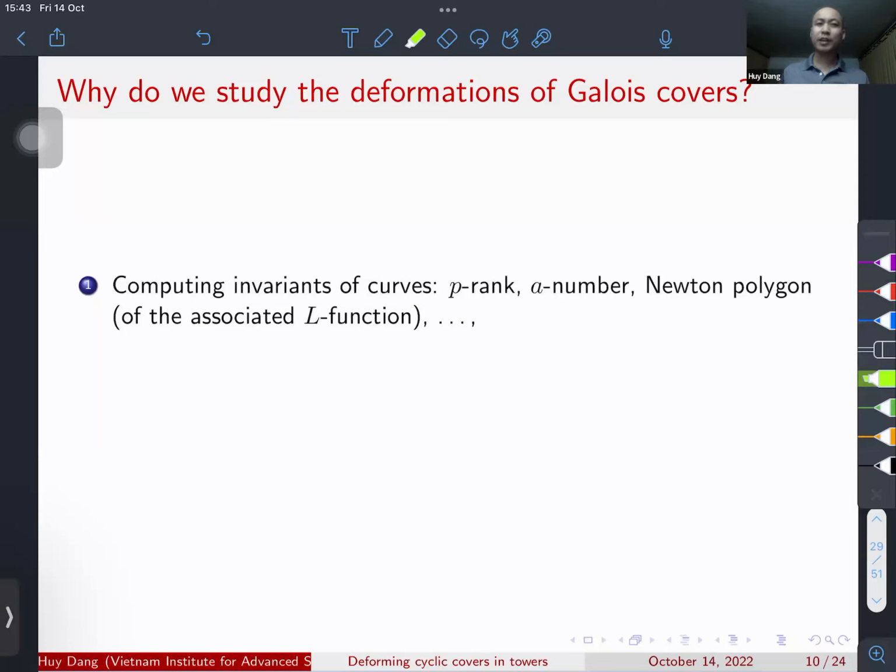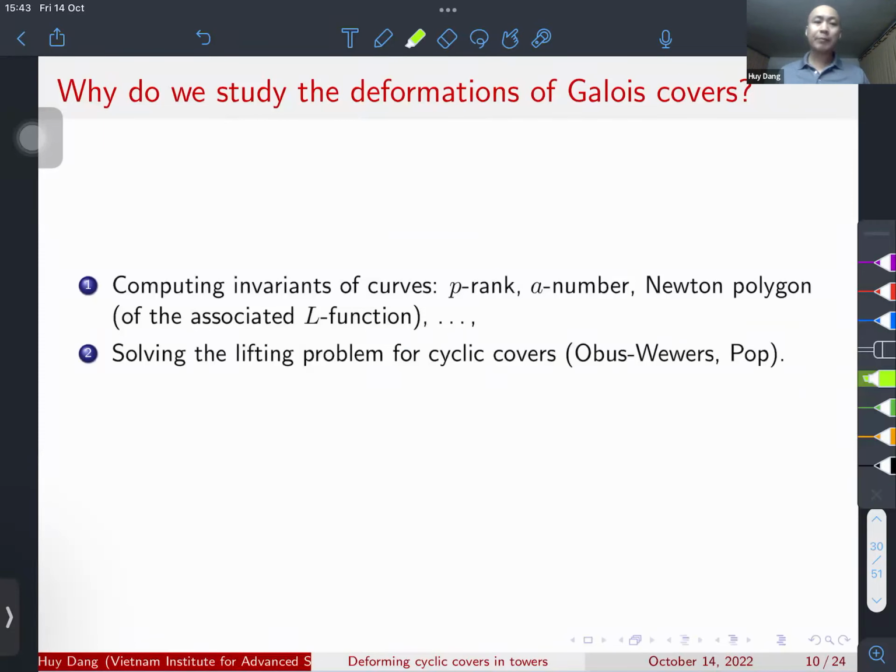That is a classical application of deformation theory. Some invariants of curves that we usually consider are the P-rank, the A-number, or the Newton polygon of the associated L-function or the zeta function, whatever it is.